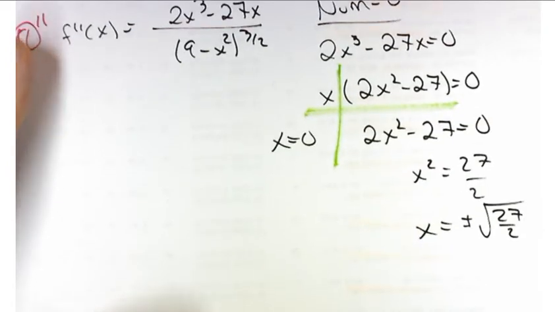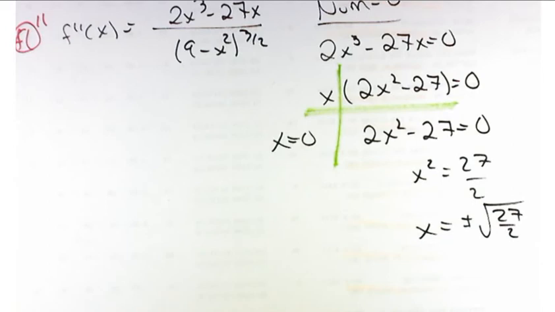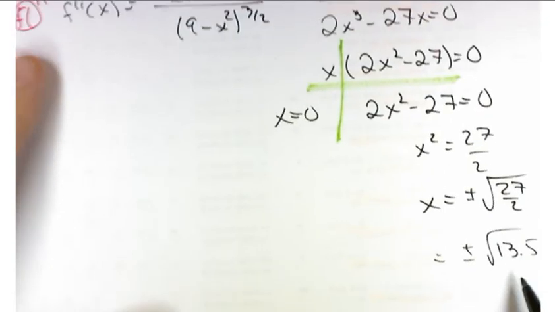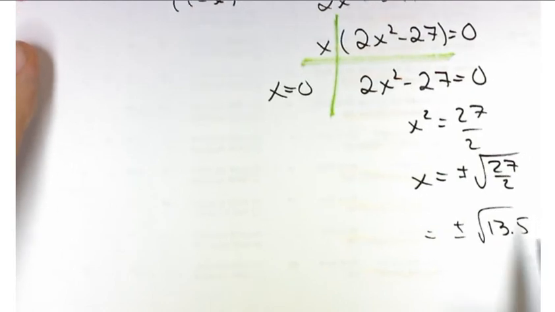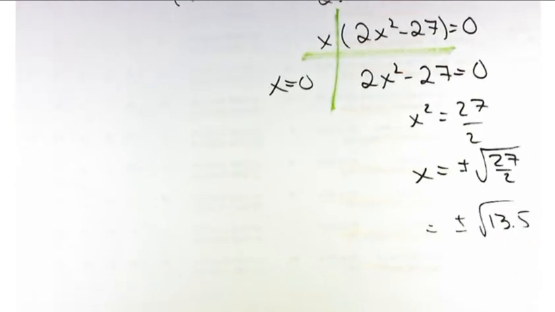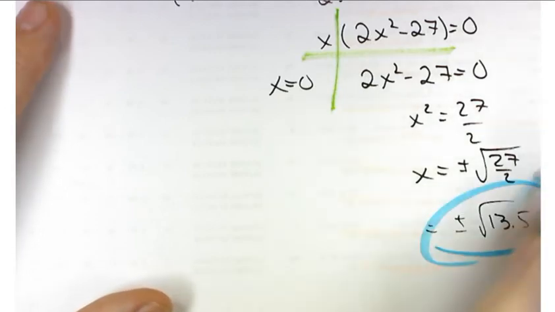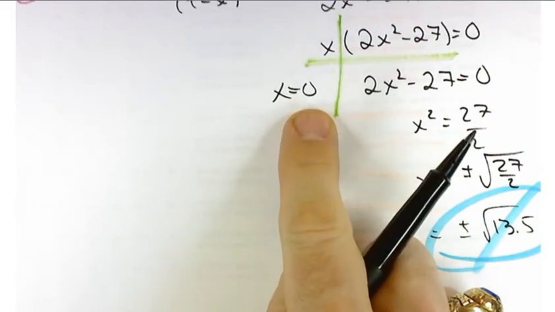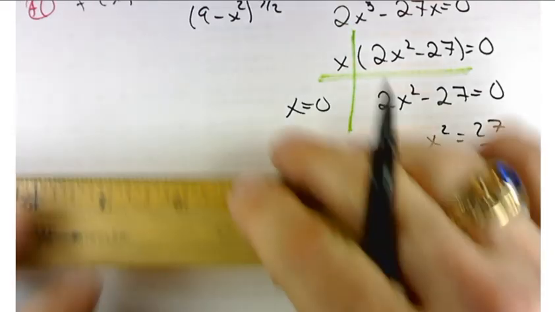Now what's good news about that? It's not in the domain. Yeah. If you look at this, it's plus or minus the square root of 13.5. I don't know exactly what it is, but since that's bigger than 9, it's going to be outside the domain. So we don't have to worry about these. So another good point for figuring out the domain. Really, there's only one point we have to worry about, and that's x equals 0.